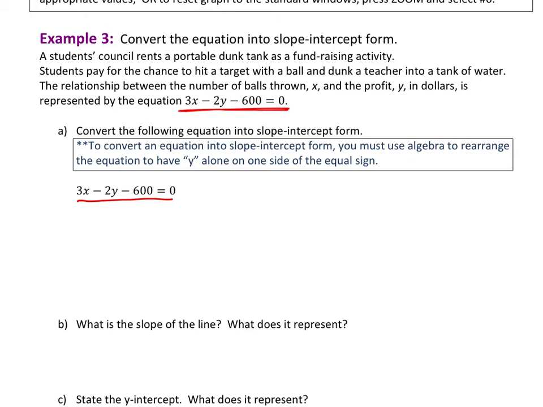So to get the slope-intercept form, y equals mx plus b, we need to get the y by itself on one side of the equal sign, and then we can see what the slope and the y-intercept for the graph are. To rearrange this equation to get y by itself, we want to move the other terms to the other side of the equation.